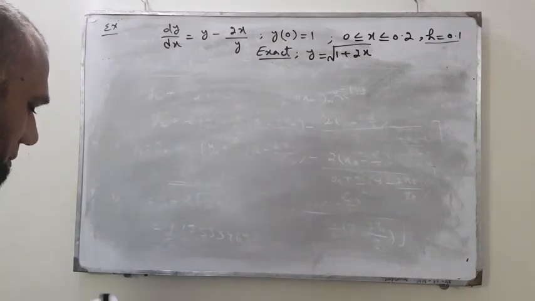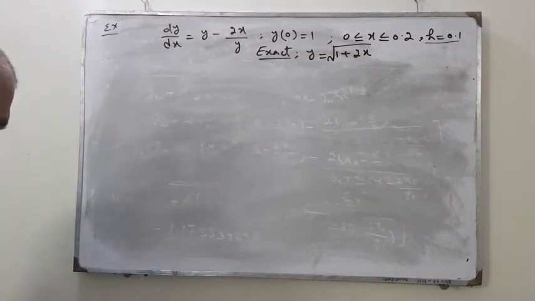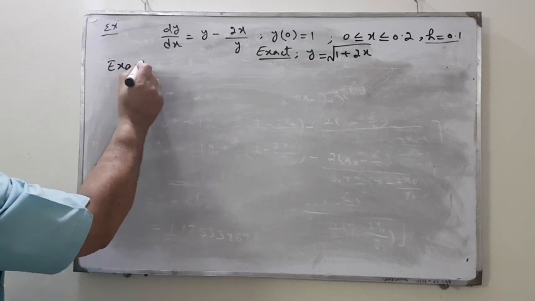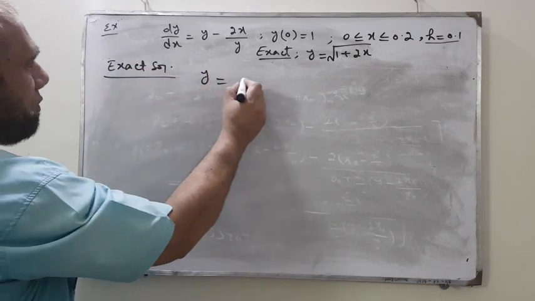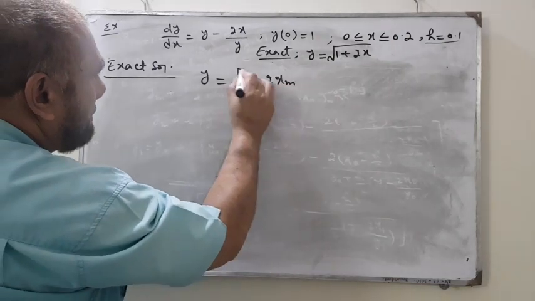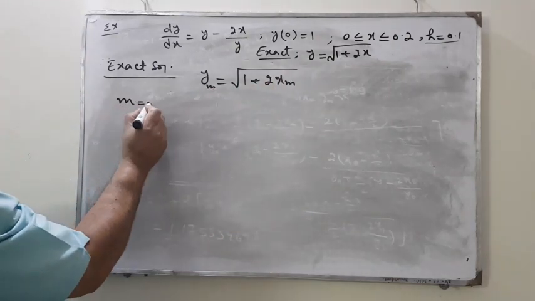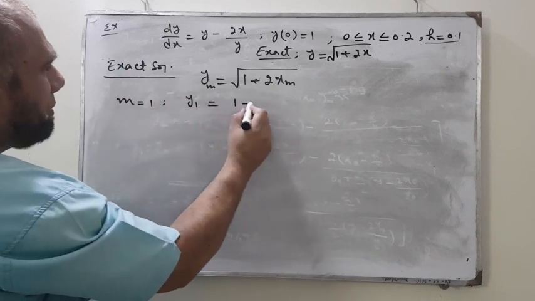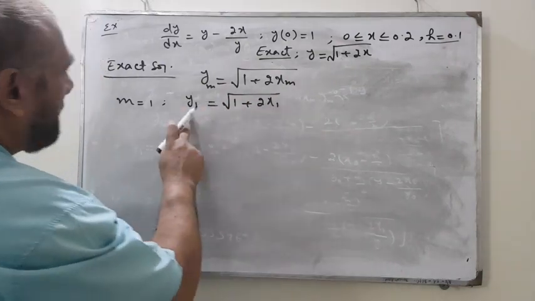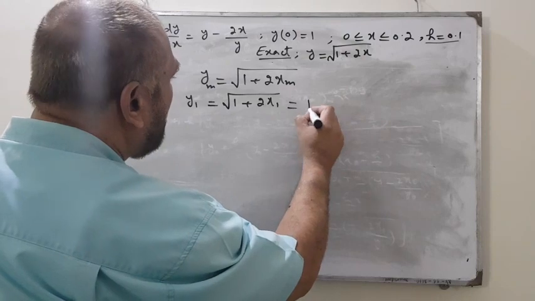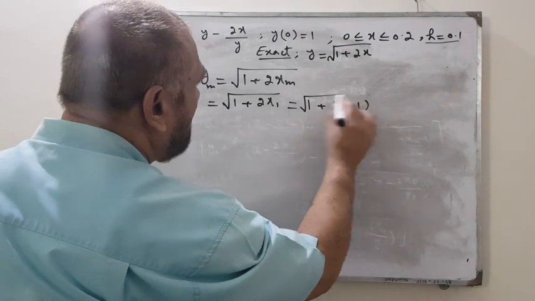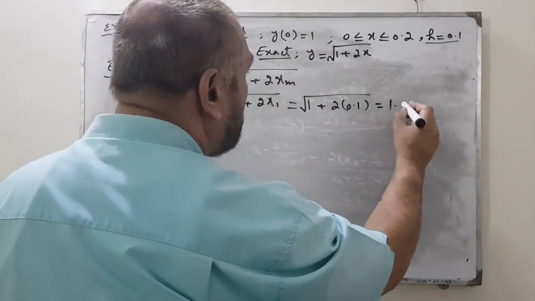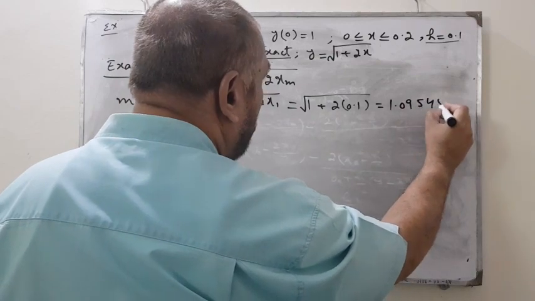This is the exact solution I am taking here. The exact solution is y equals the square root of 1 plus 2x. If I introduce the index here, ym, putting m as 1 gives you y1, square root of 1 plus 2x1, because we are looking for y1. So x1 is 0.1, so 1 plus 2 into 0.1, this gives you 1.09545.